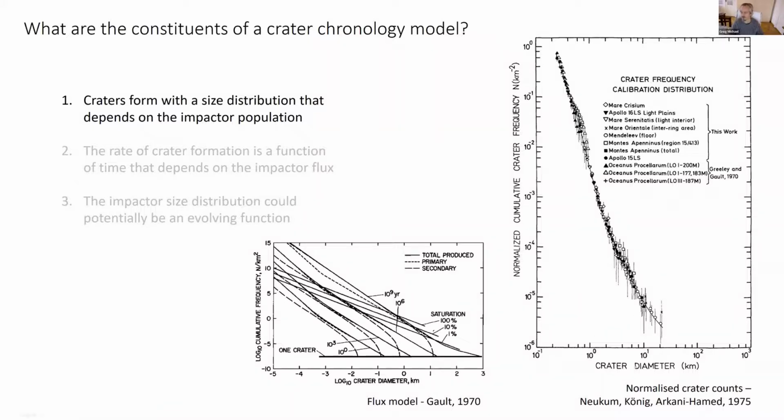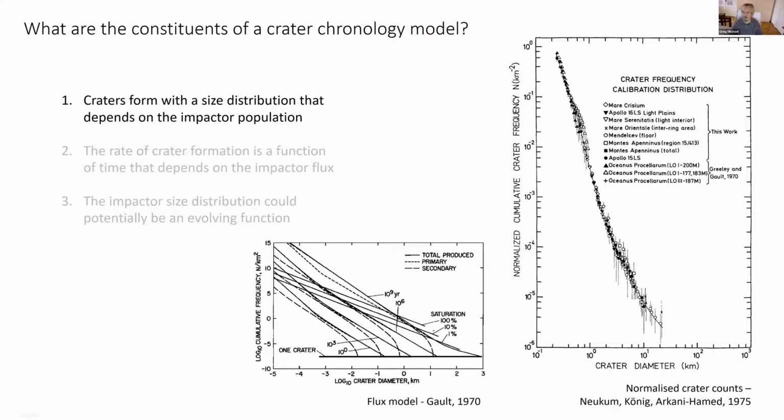So again, we've got crater diameter on the x-axis, and we've got cumulative crater density on the y-axis. So cumulative crater density means that what we're plotting is the number of craters larger than the given diameter against diameter. So at any point here represents all of the craters that are larger than that data point.